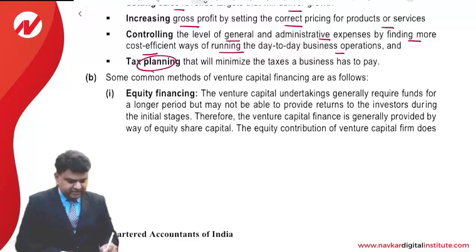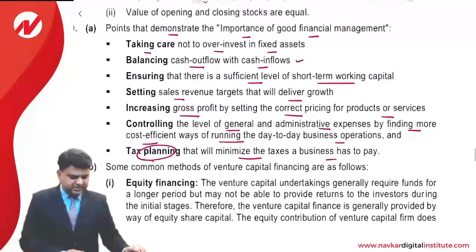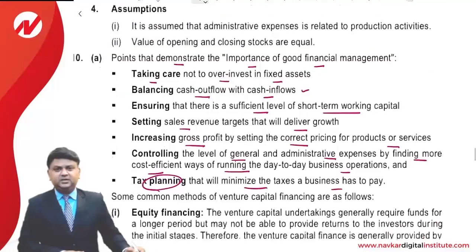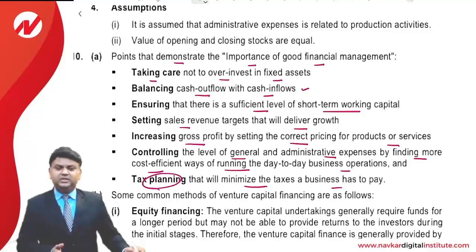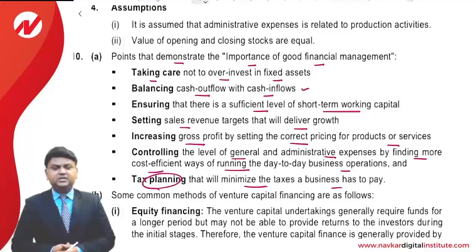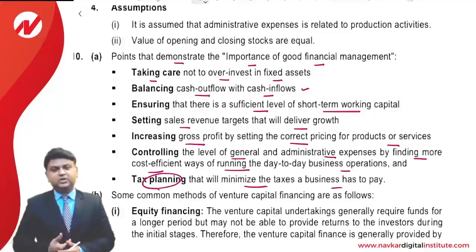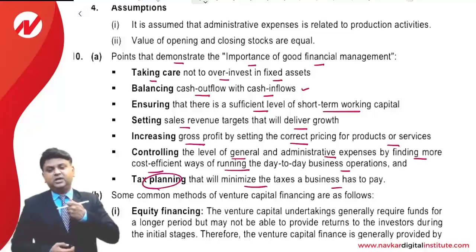Tax planning that will minimize the tax a business has to pay. There may be certain investments that you are going to make, or purchasing of fixed assets at the end of the year, so that you can claim the depreciation allowance, or otherwise you locate your entire project in certain areas because of which you get the subsidy, you get SEZ, that is you get certain incentives in terms of the waiver of the tax, something like that.